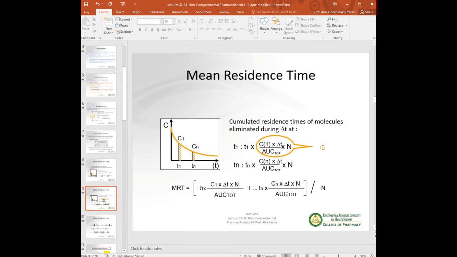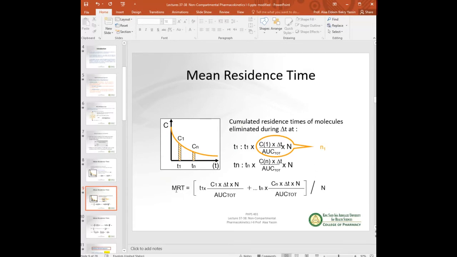So T1 by N1, plus T2 by N2, plus T3 by N3, plus T4 by N4. We will apply this formula with changing the concentration present at each time point.